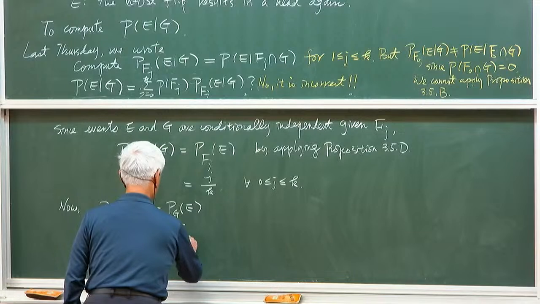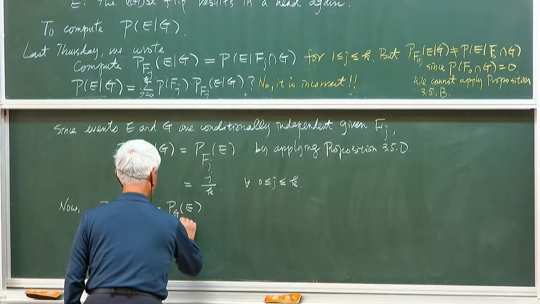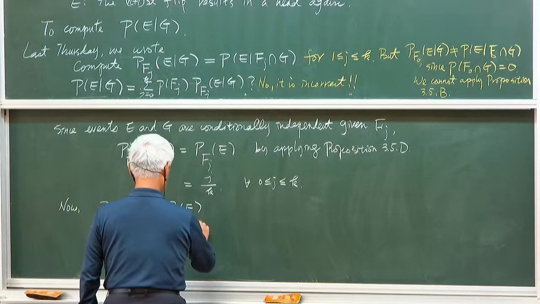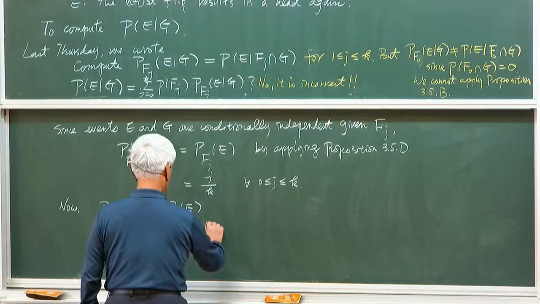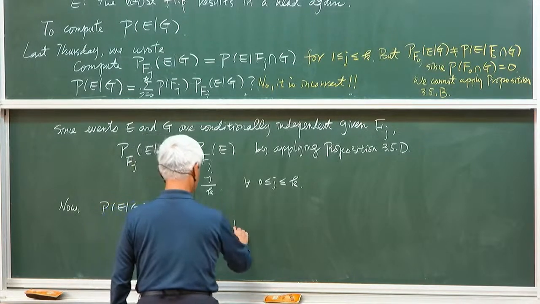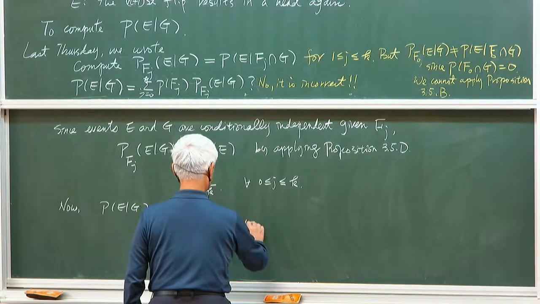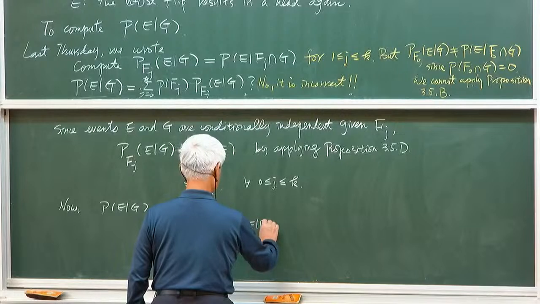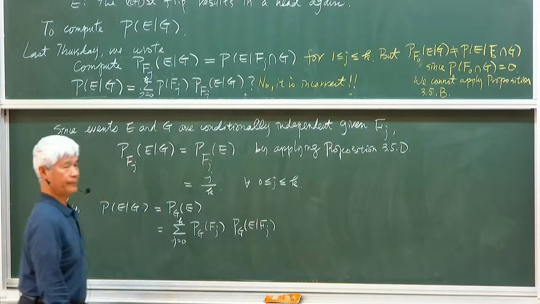So j is from 0 to k, and the P of G intersect f sub j.